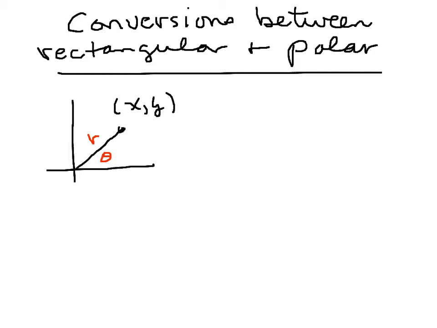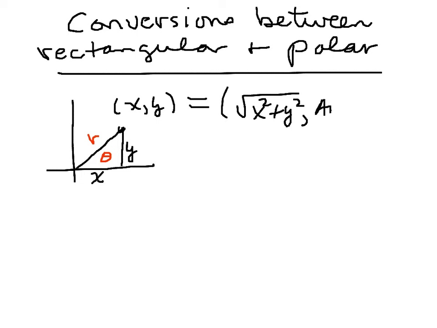Well, since this point is x comma y, we know that this length is x and this length is y. So therefore, r is just the square root of x squared plus y squared, and theta is the arctan of y over x. So that's how we go from rectangular to polar.